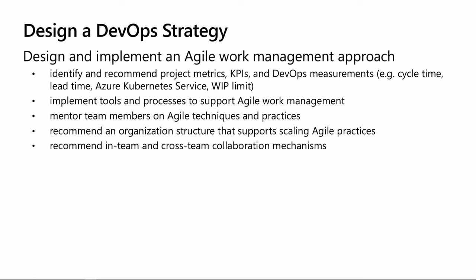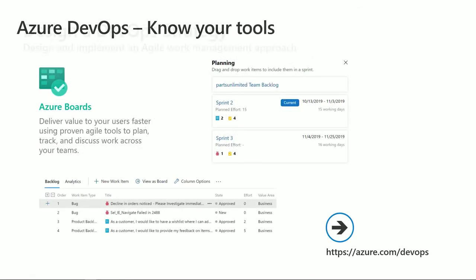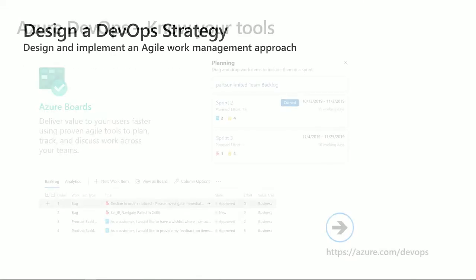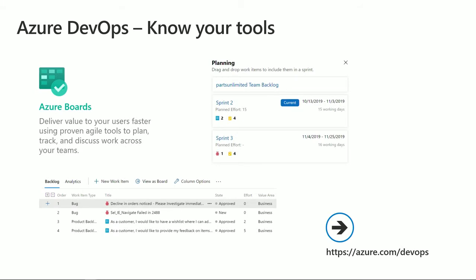So let's drill a little bit more into this. When we talk about boards specifically, some of the things that they're going to question you on are things such as the different type of charts, right? Make sure that you know these different type of charts. I think I have a slide on them here. Make sure you know your work items.